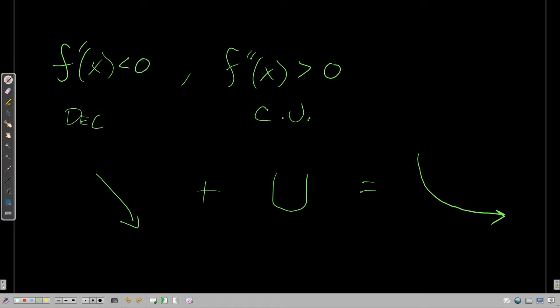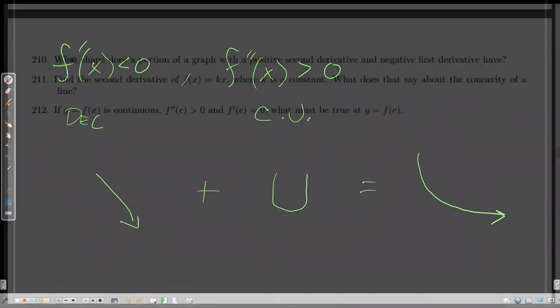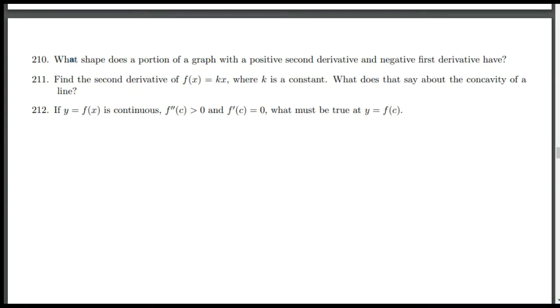In question 211, they say find the second derivative of this basic linear function and say what that says about the concavity of a line.